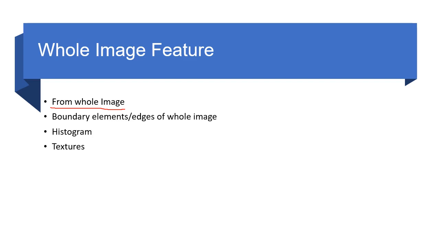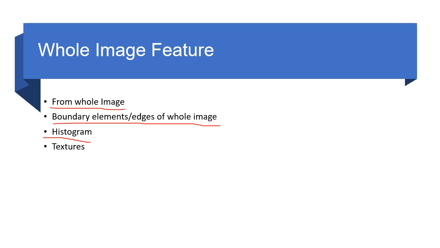We could measure, for example, the contrast, energy, and so on from the whole image. Now, the boundary element could also be obtained from the whole image. So we are not interested in the boundary of certain objects because we assume that the objects are the whole image.